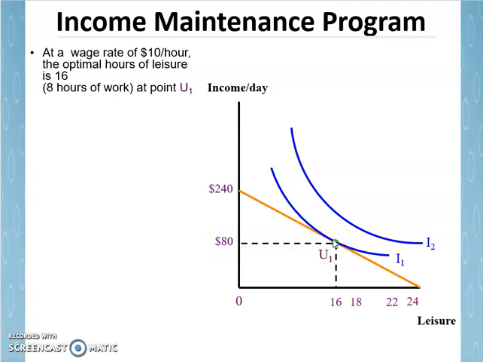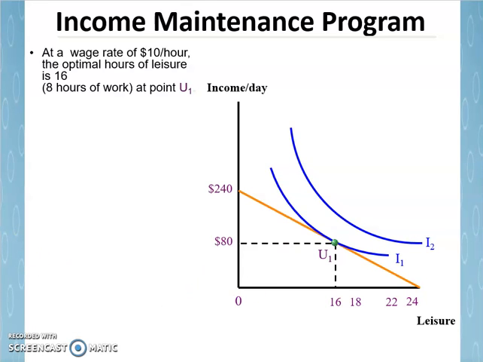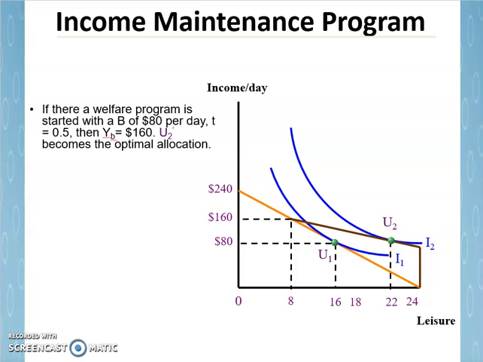Okay? Now, what's going to happen next is they're going to become eligible for a welfare program, an income maintenance program. Now, what happens is the budget constraint that we saw before now changes in consideration of this welfare program. To see this change, let's go over here to the 24-hour leisure point. Notice at 24 hours, with the income maintenance program, they're eligible for some income.